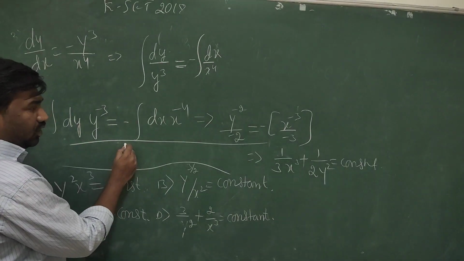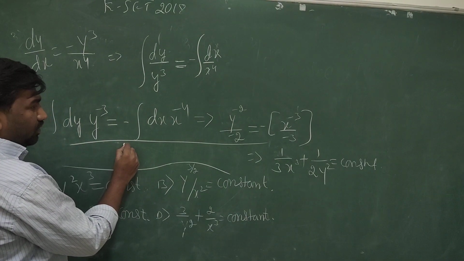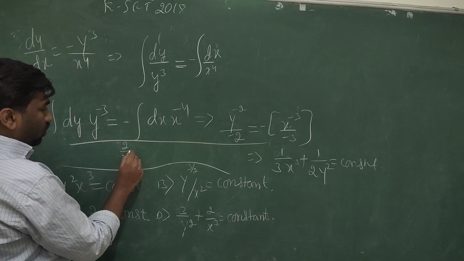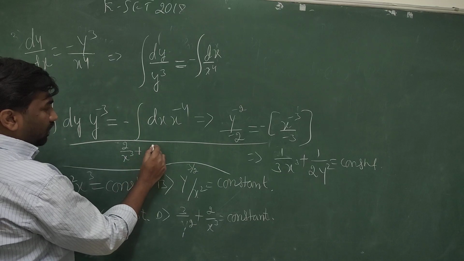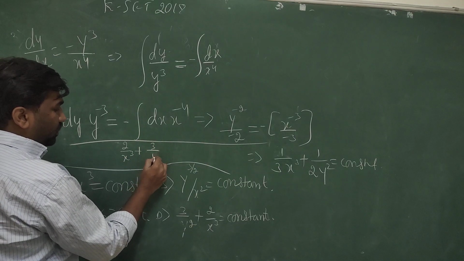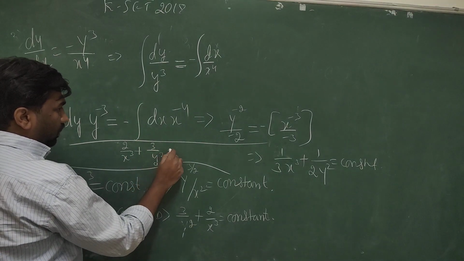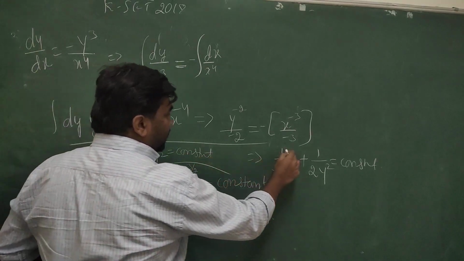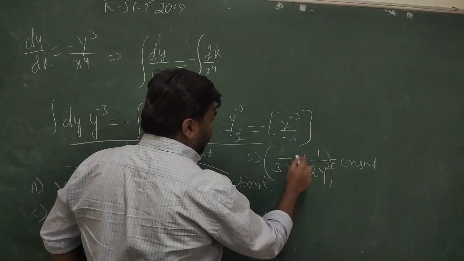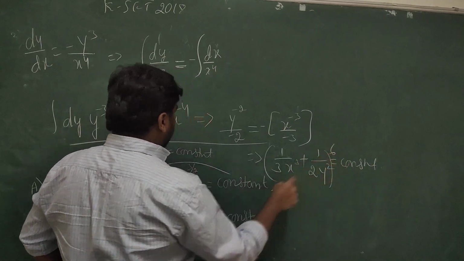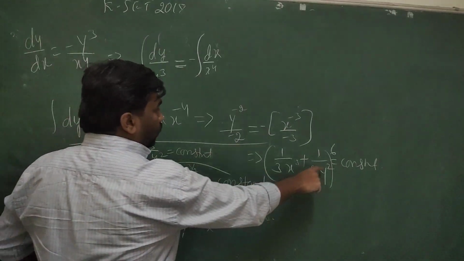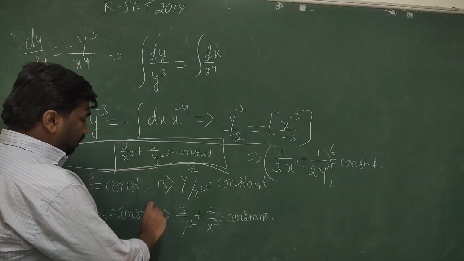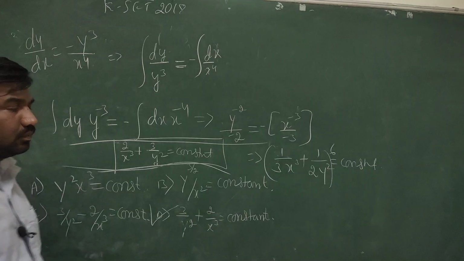If you multiply by 6, then it becomes 2 by x cube plus 3 by y square is equal to constant. If you multiply by 6 here, 3 twos are 6 and 2 threes are 6. So this is the answer, and option number D is correct.